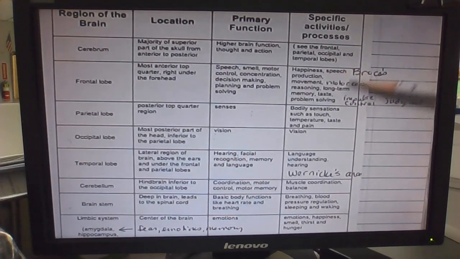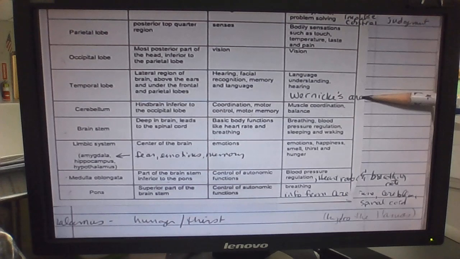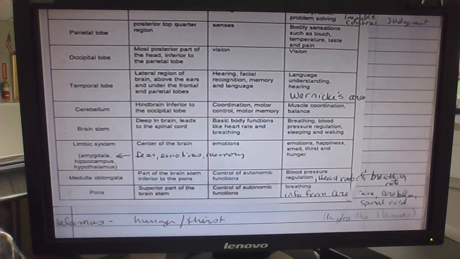So we've also got impulse control, judgment, problem solving, those kind of things that we talked about in terms of the frontal lobe before. Temporal lobe, I added Wernicke's area. Broca's is speech production, Wernicke's is processing auditory information, processing language.